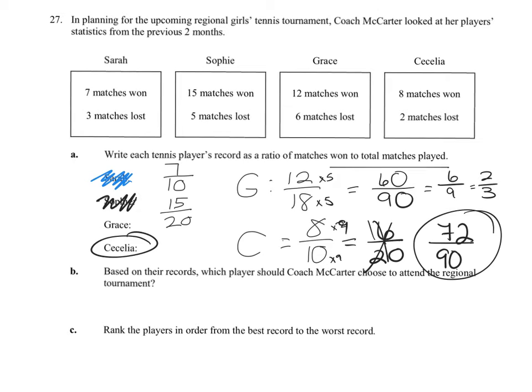And then if you're comparing that to 7/10, because that's the one I'm looking at right now, this could be 20/30, where this would be 21/30. So Grace is the worst record. And then we have Sarah, yes, Sarah. And then we would have Sophie. And finally, we would have Cecilia.